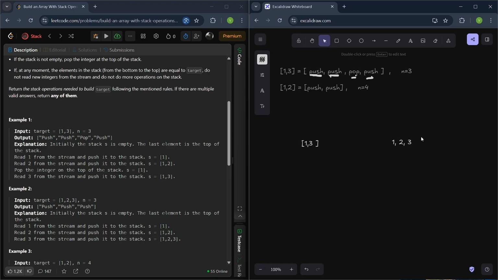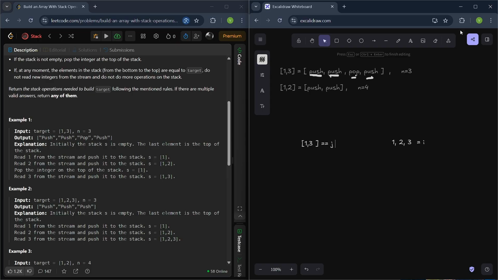Now for this, as you have seen, we have to use all these 1 to n values. So I'm going to use all these values and name it as i. I'm going to traverse all these numbers. That is a default thing that we have to do. Next, as we have to achieve this target, I'm also going to represent this with j.